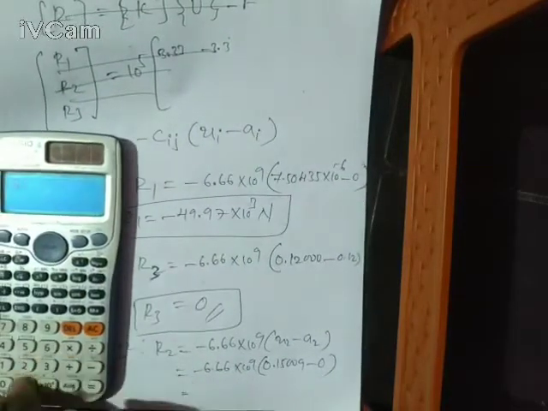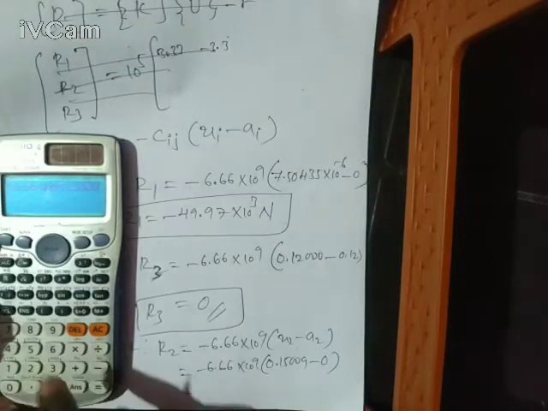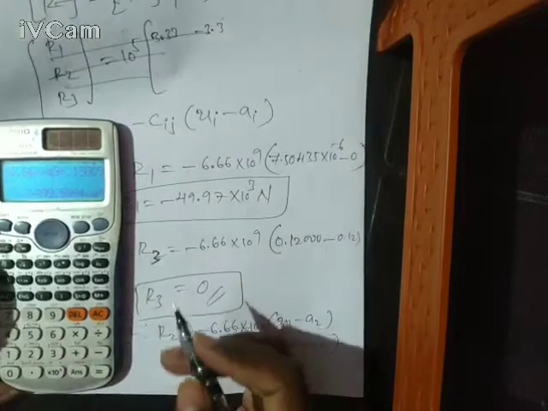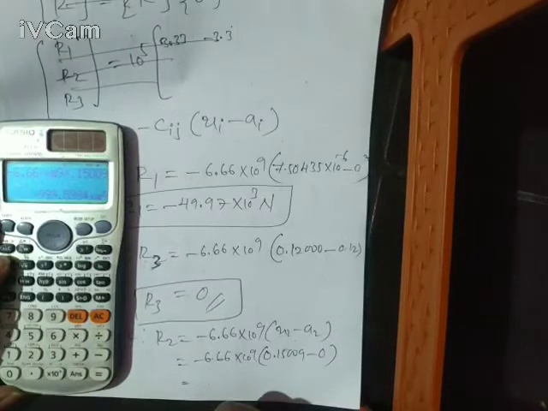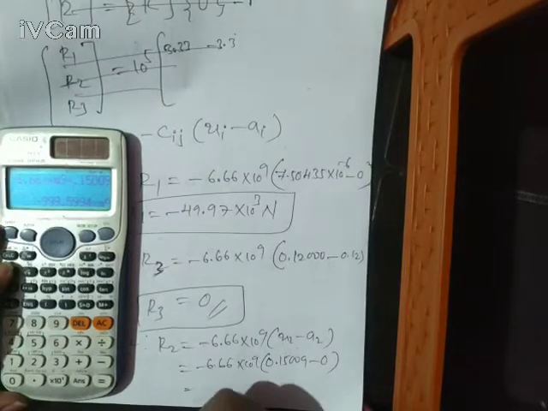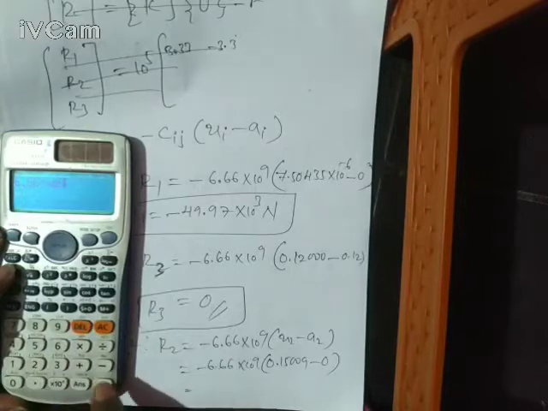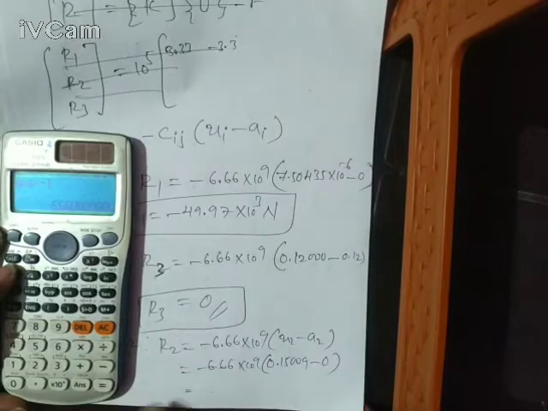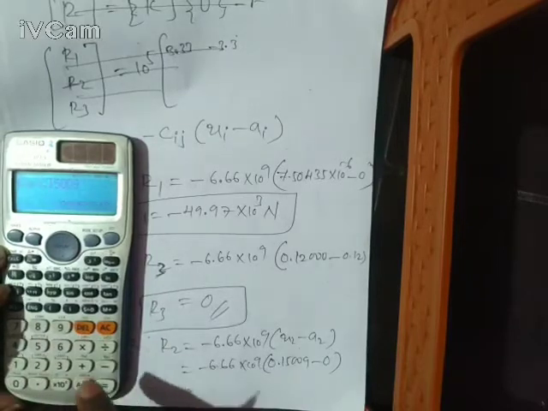Minus 6.66 into 10 to the power 9 into 0.15009. Let me cross check once again.